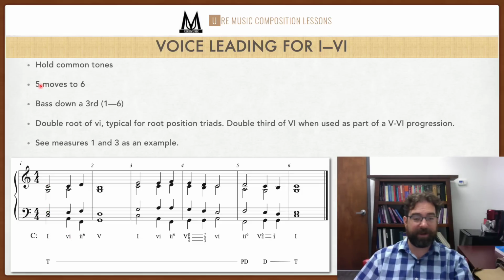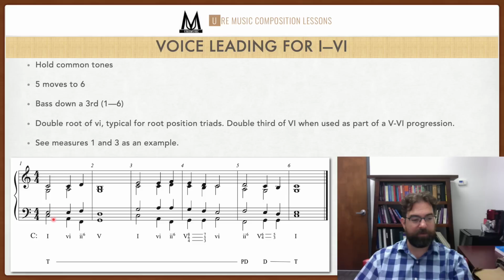Notice scale degree 5, it moves to 6. So we're looking for the G, it moves up to the A. So 5 does move to 6. The bass tends to go down a third from 1 to scale degree 6. So in the key of C, scale degree 6 is A. So scale degree 1 here moves down to 6. So all of this has been fulfilled so far.